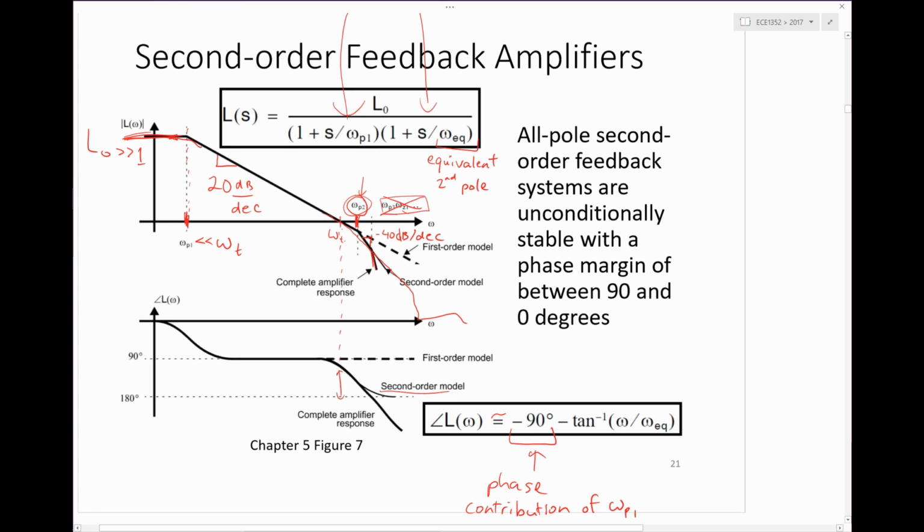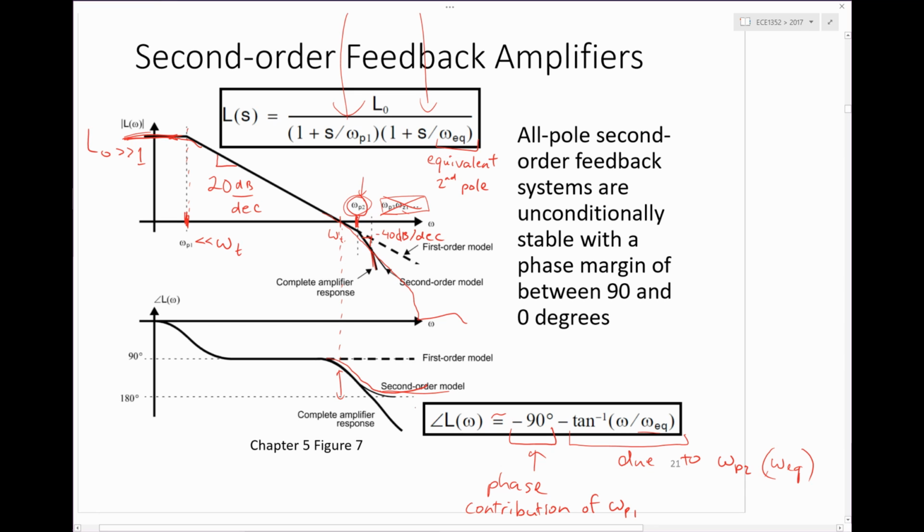And so we really only have to worry about omega p2. The contribution of omega p2, or omega EQ here, is just this arctangent function there. So that's capturing this shape over here.